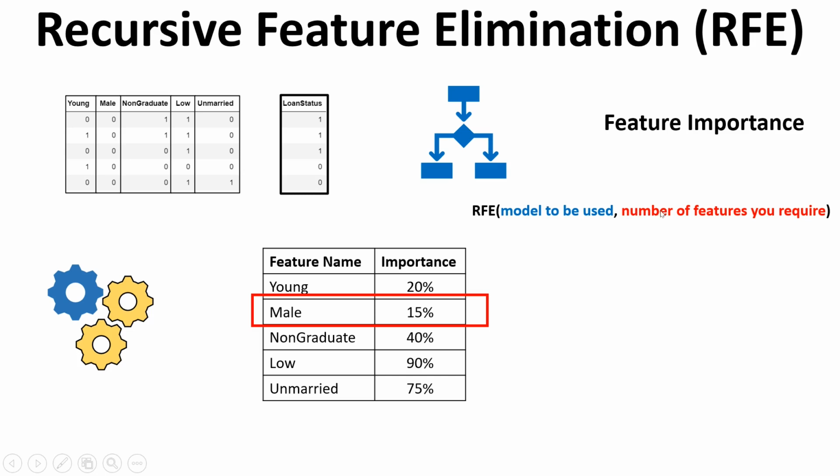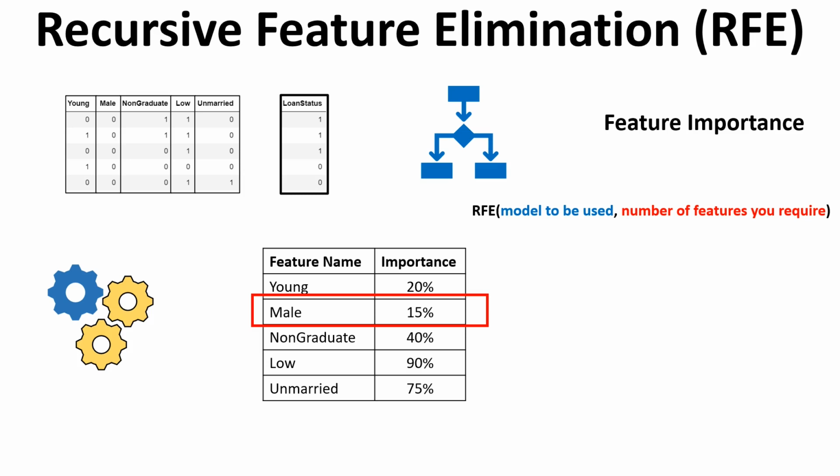So over here I will write 3, and the model which I want to use for RFE is decision tree, for example. So I will put decision tree. If you put logistic regression, then RFE will utilize the coefficient, since logistic regression has the property of coefficients that will be utilized. So this is how, in a nutshell, recursive feature elimination works.